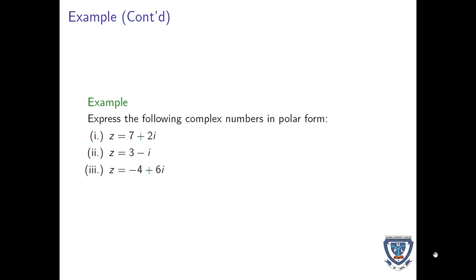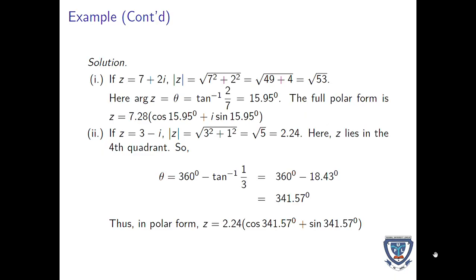Let's take some examples. Express the following complex numbers in polar form. i, z equal to 7 plus 2i; ii, z equal to 3 minus i; iii, z equal to minus 4 plus 6i. Solution.